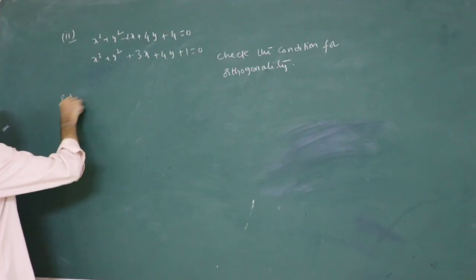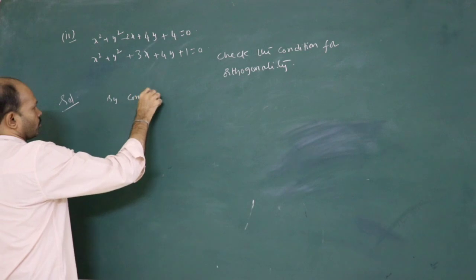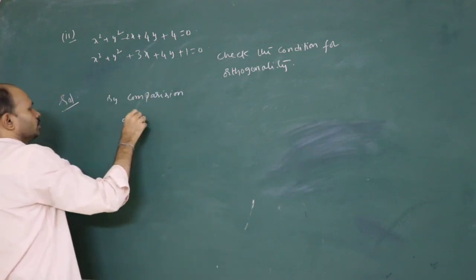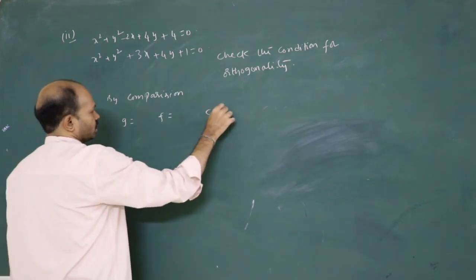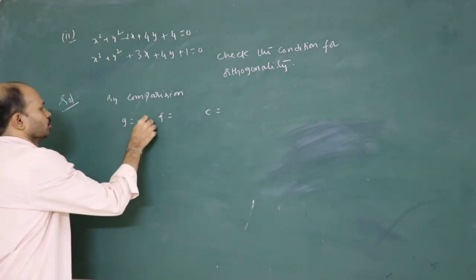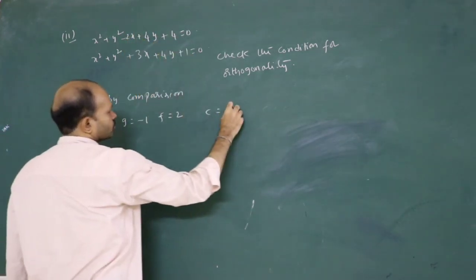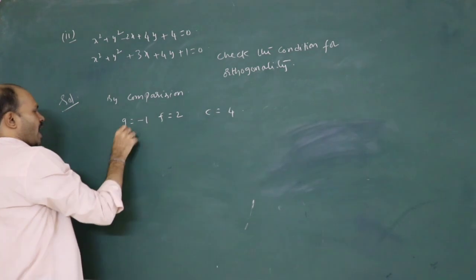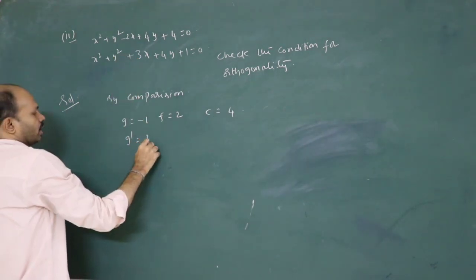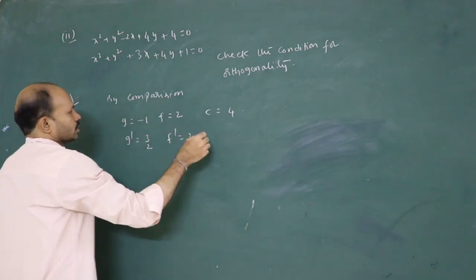Coming to the solution. By comparison, g, f, c: 2g is equal to minus 2, so g is minus 1; 2f, c; g dash is 3 by 2, 2f dash, c dash.